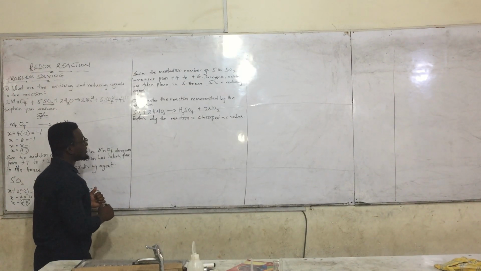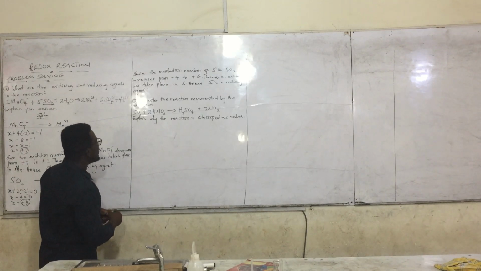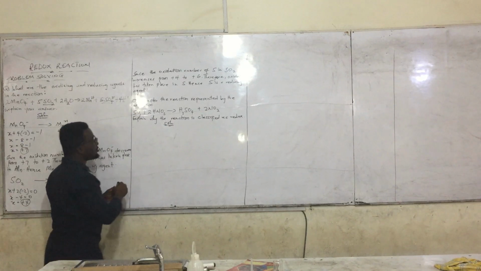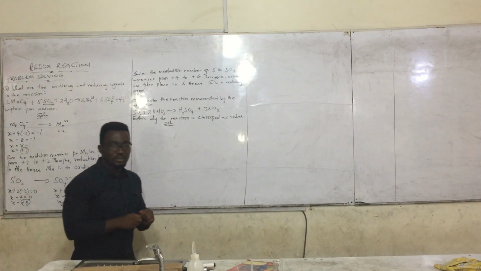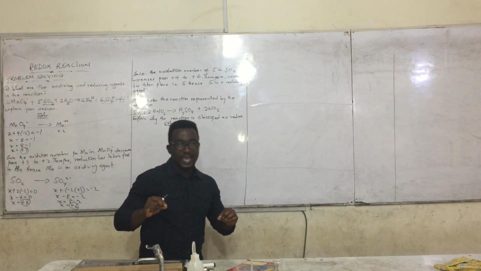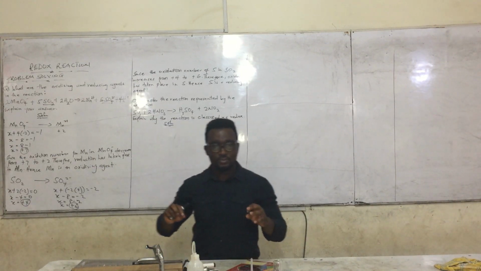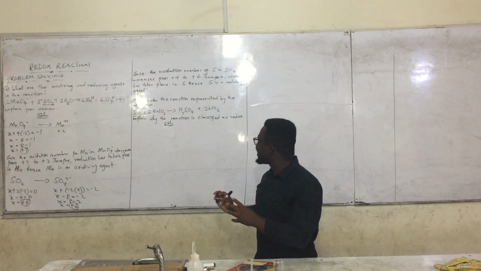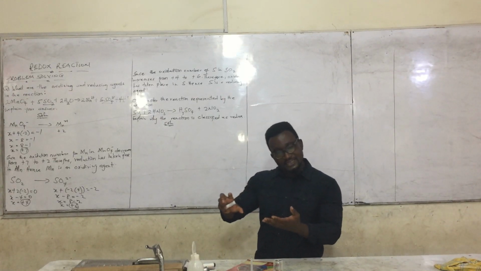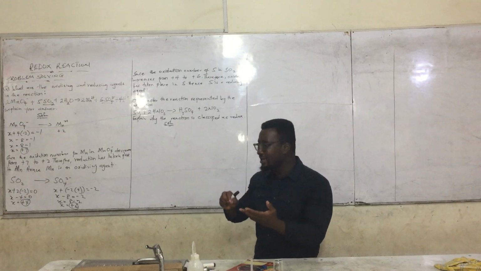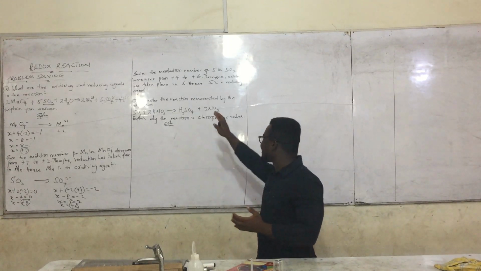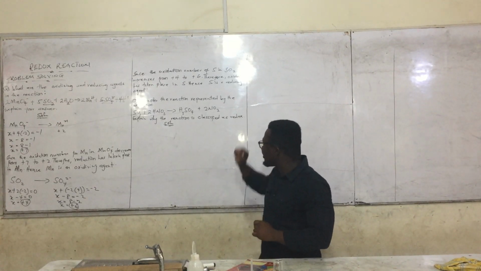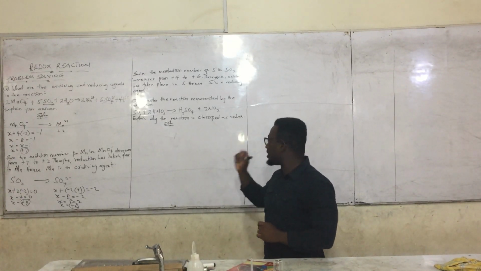Now in this reaction, we want to identify the reduction process and the oxidation process. We want to verify whether an oxidation process and a reduction process occur simultaneously in this equation. If they do, then the reaction is redox.